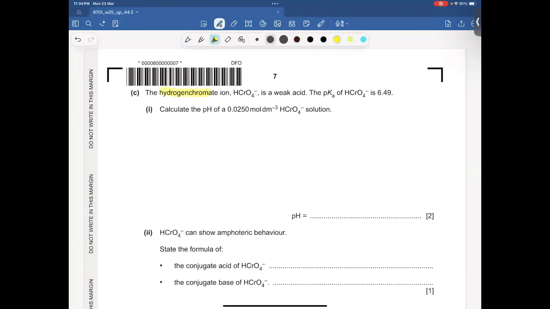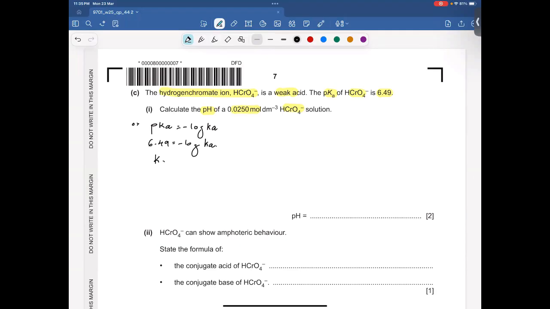The hydrogen chromate ion is a weak acid and the pKa of this acid is given. Calculate the pH of this concentration of chromate ions. So first of all, take out the value of Ka by using this expression. pK value is given, which is 6.49 equals minus log Ka.